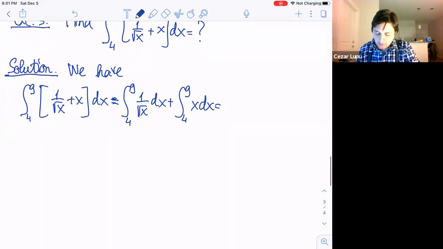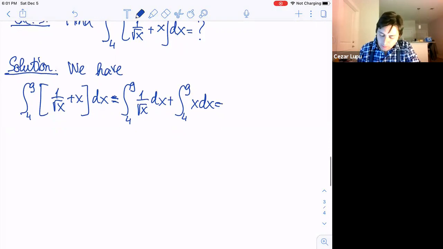And now we have to compute each integral. In the first case, let me write it this way: the integral from 4 to 9 of x to the -1/2 dx, plus the integral from 4 to 9 of x dx.